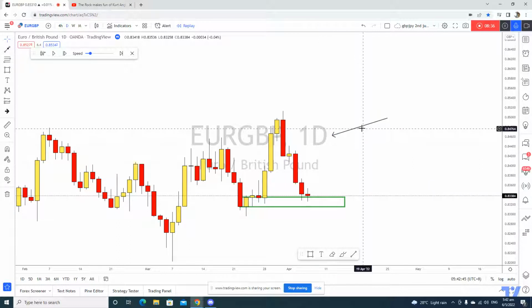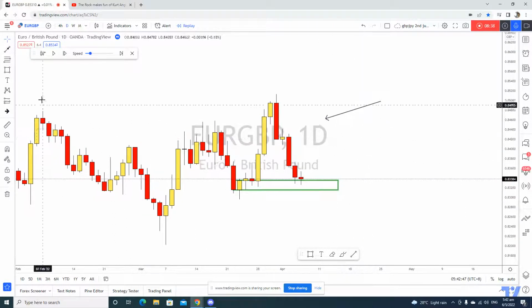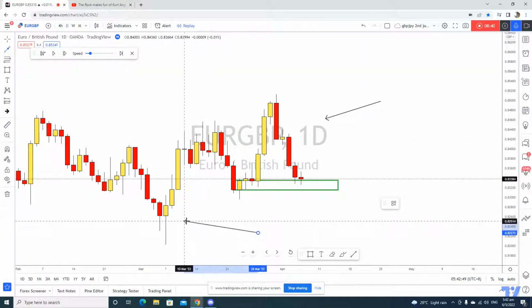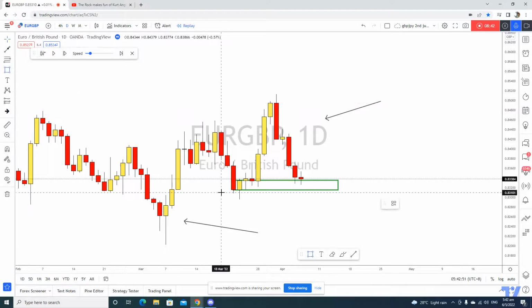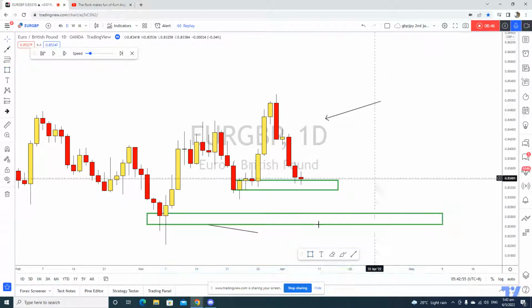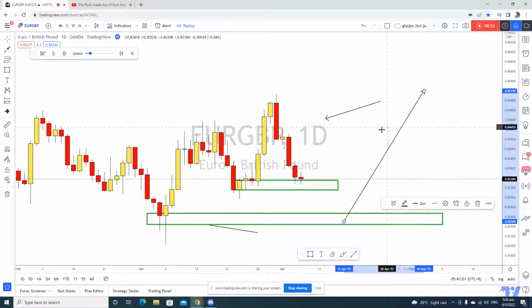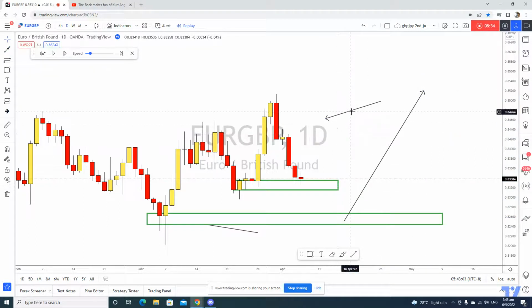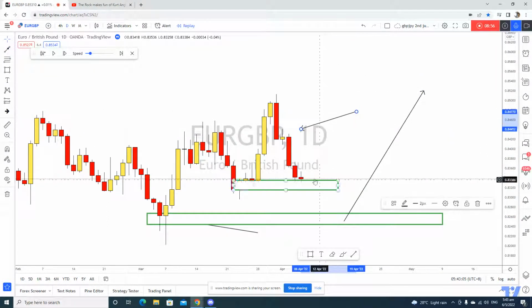And whether it will break the previous support, which is much lower than here, we mark that zone here. If this zone is not broken, then there's a chance that price goes higher. But because of this strong bearish pressure, price might push down first before pushing towards the upside.